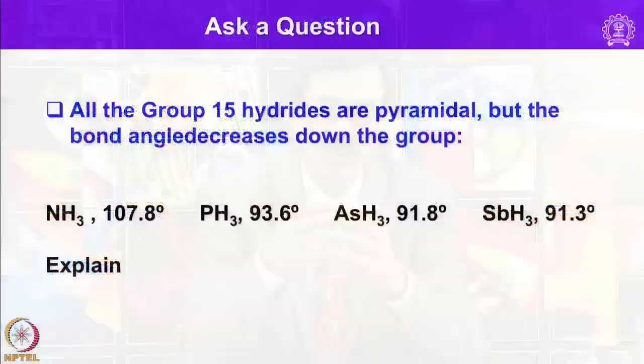Of course, electronegativity is steadily decreasing, and in case of N, nitrogen has a negative charge. As a result, the NH electrons are staying very close to N, increasing that angle. In case of phosphine, phosphorus is a little less electronegative compared to hydrogen. As a result, more electron density will be residing on hydrogen, and the same thing is true in case of arsenic as well as antimony trihydrides.